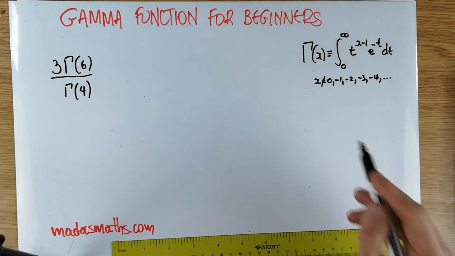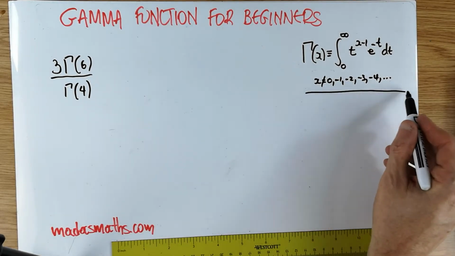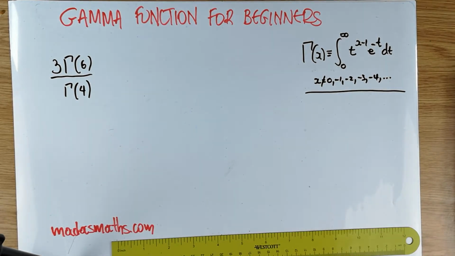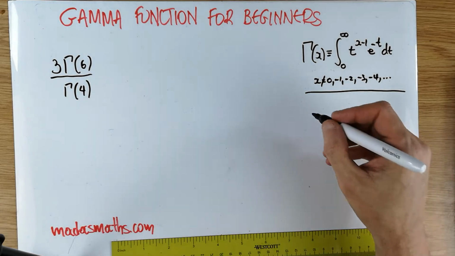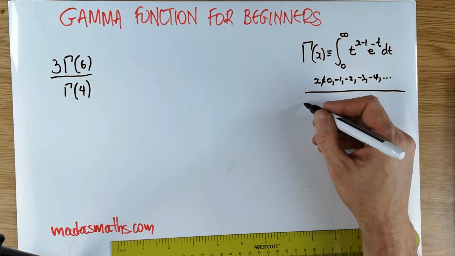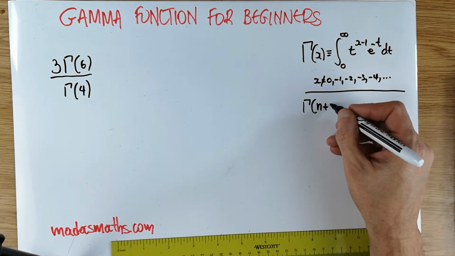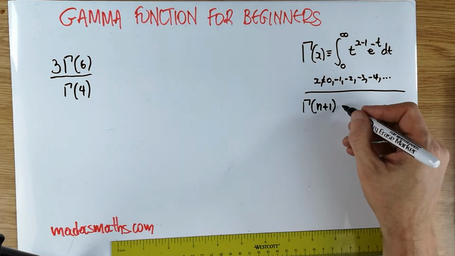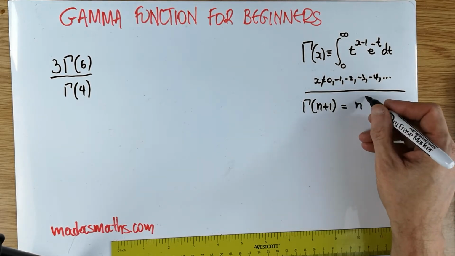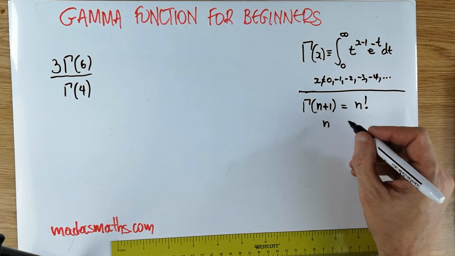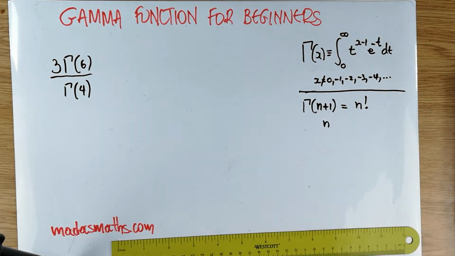So these are some of the properties of this particular function. I'm not proving these properties here because, as I said, it's lesson number 1 and it's not really necessary. First of all, the gamma of n plus 1 is equal to n factorial if n is, of course, a natural number, including perhaps 0.